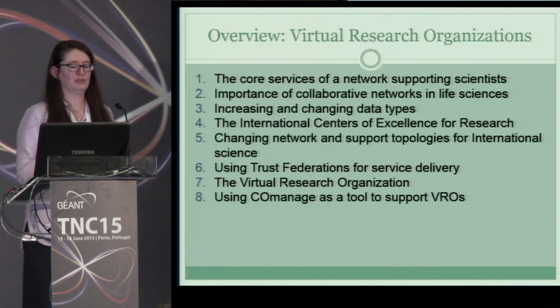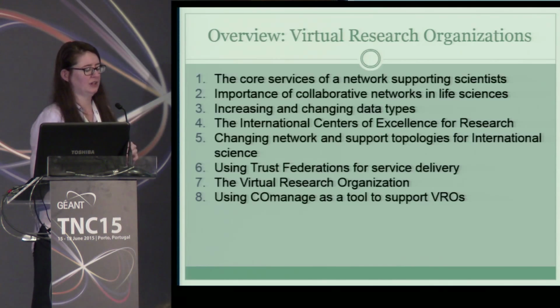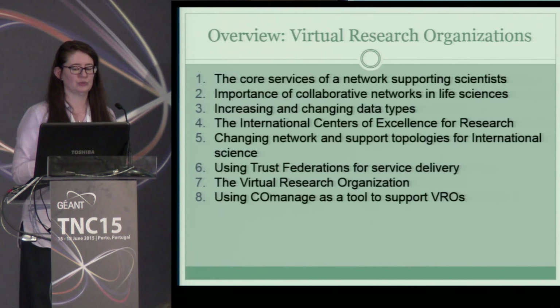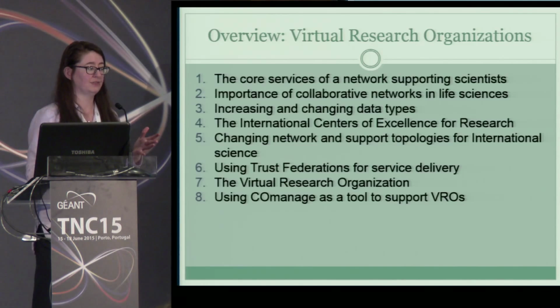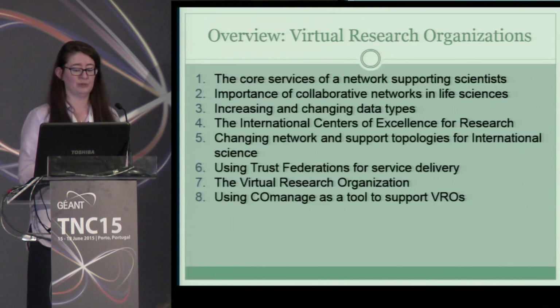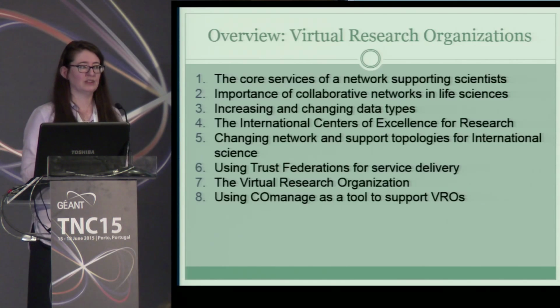So what kind of things have they noticed regarding what do virtual organizations actually need? Of course, they need the core services of a network. Given the distributed nature of the research, the network is critical to them. The collaboration, nothing happens anymore at any single institution, no matter where it is in the world.